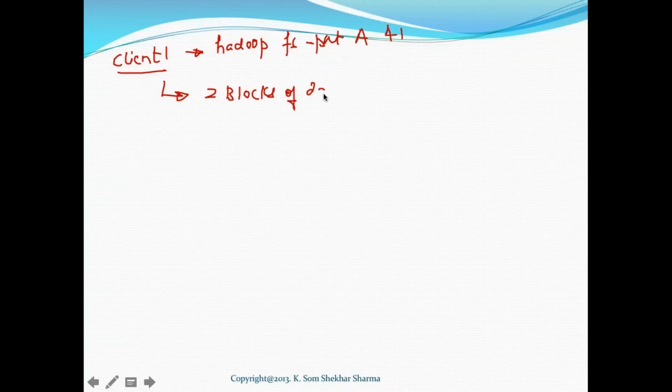Now let us say I have this scenario. Client 1 has issued the command Hadoop fs minus put some file a, a1, and this command has completed two blocks of data, and the third block is in the process of being written. It's not yet completed.